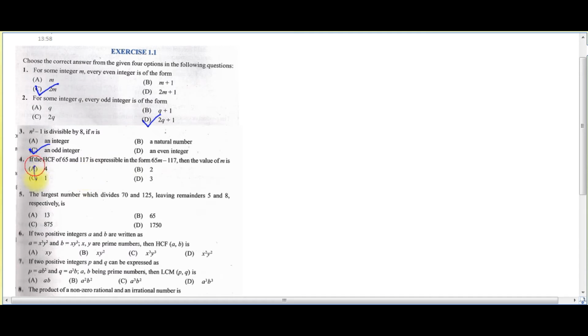In the fourth question, there are a few corrections, guys. The answers given here are wrong, and this m value is unwanted because everything is wrong. You just find the HCF of those two numbers. I'll tell you the easy way to find the HCF: the division method.